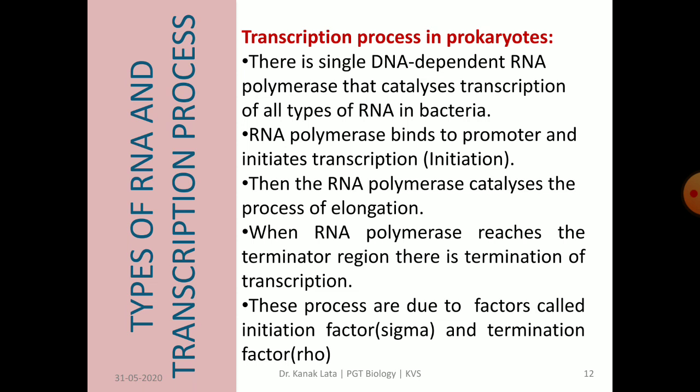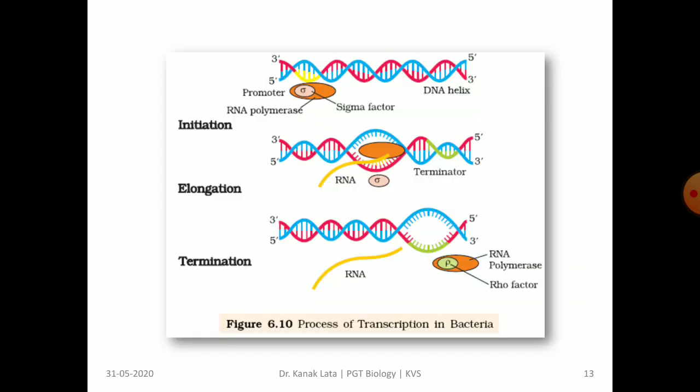The processes of initiation and termination are due to factors called sigma and rho factor. Sigma is the initiator factor and rho is the terminator factor, respectively. This given figure reveals the process of transcription in bacteria.